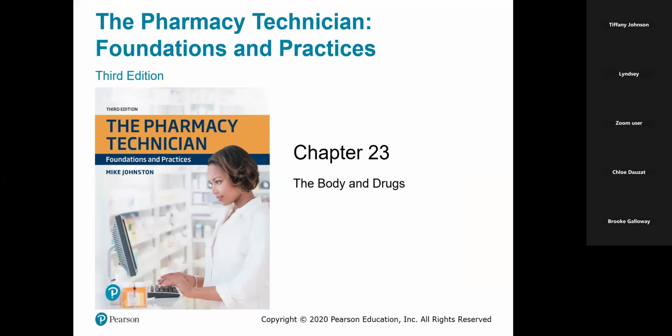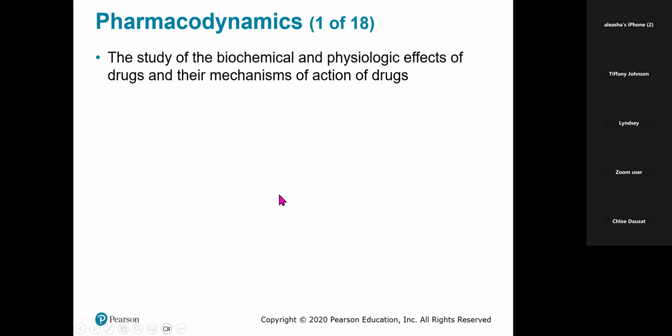Today we're going to cover the pharmacodynamic concepts. So pharmacodynamics can be defined as the study of the biochemical and physiologic effects of drugs and their mechanisms of action.